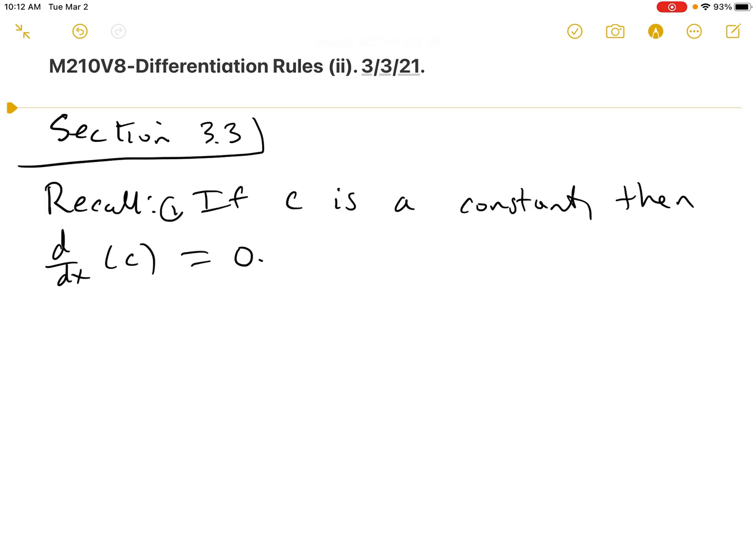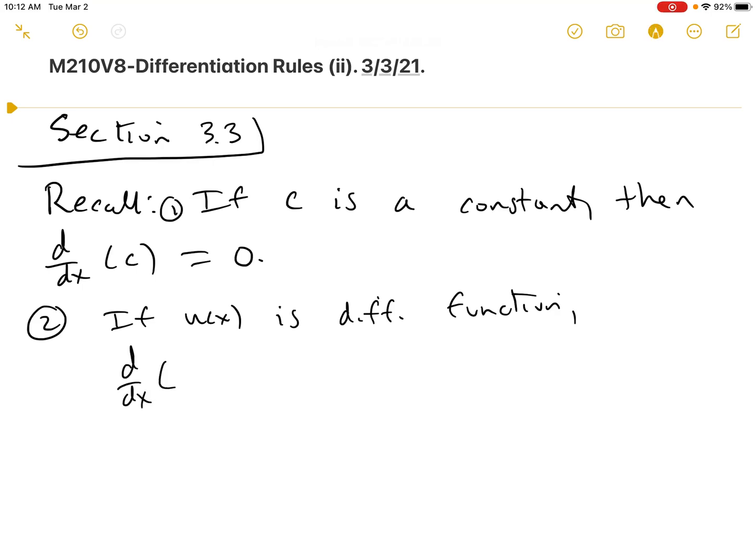So we called this the constant rule. 2, if u of x is a differentiable function and C is the constant above, then the derivative with respect to x of C u of x is C times the derivative of u of x, which is C times du dx.